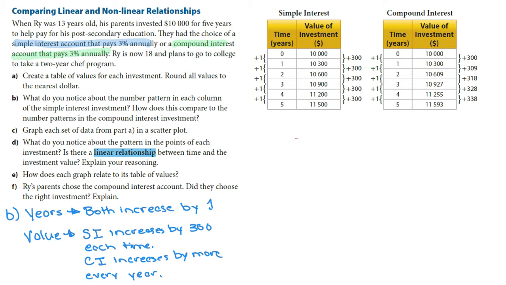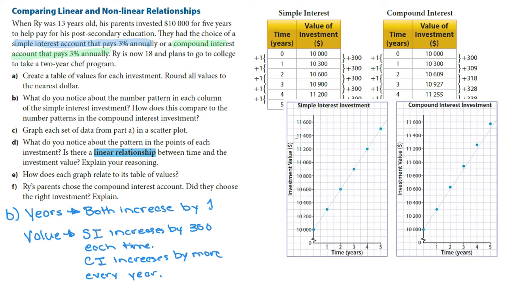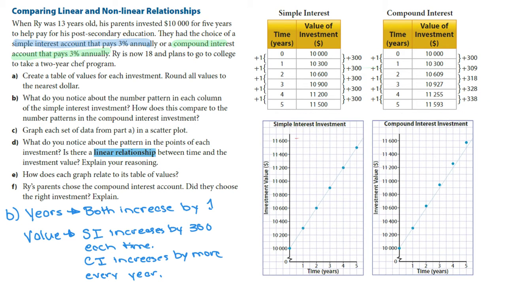So then it asks us to graph each set of data. So we would do a scatter plot, and this is what they would look like. And there is a line of best fit a little bit in there. So in the first one, we see the years are our independent variable for both of them.